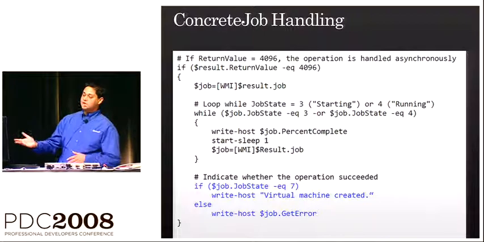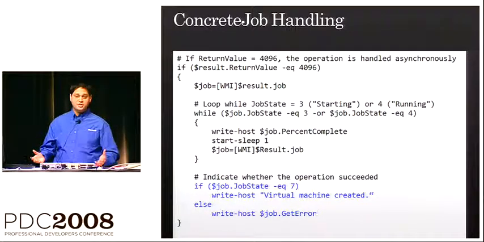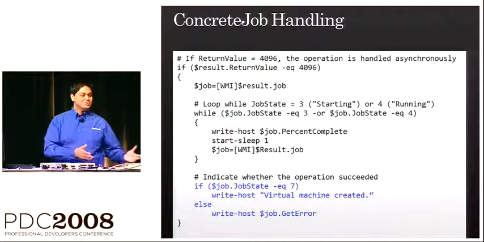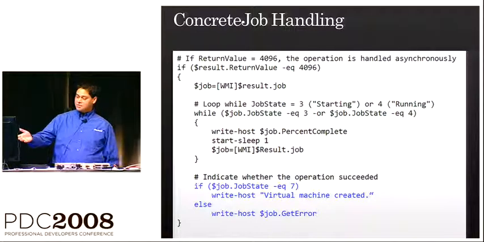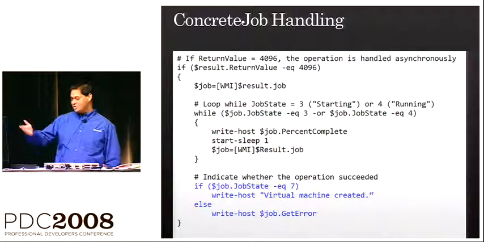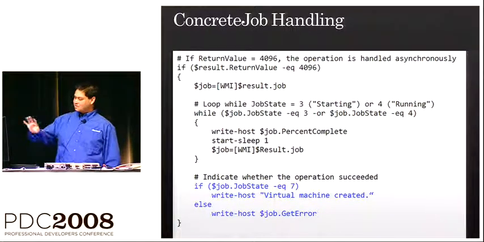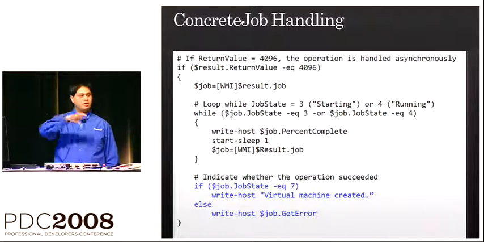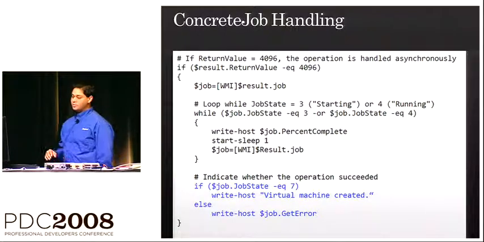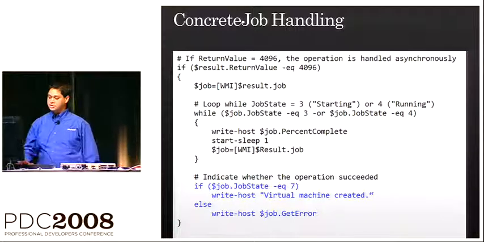Finally, once the job state is no longer 3 or 4, that means the job is complete, your operation is completed somehow. Either it's errored out or it's completed successfully. If the job state equals 7, and these are predefined values in the sim model, so sometimes they're a little inconsistent between one part of the model and another, but they're essentially very interoperable with a lot of the other implementations.